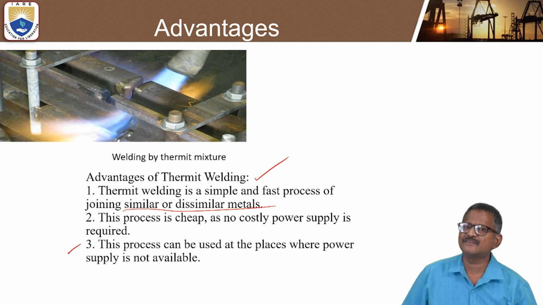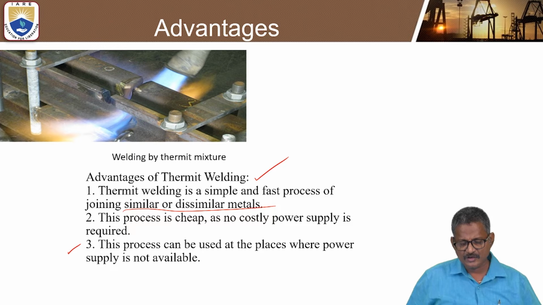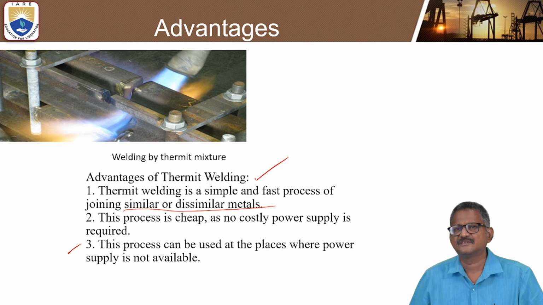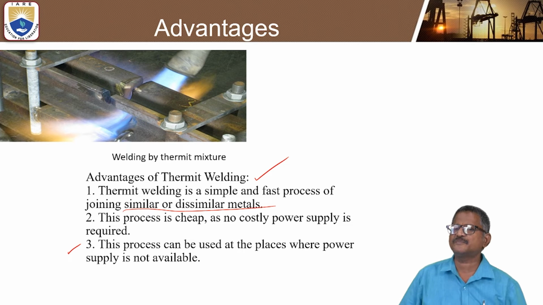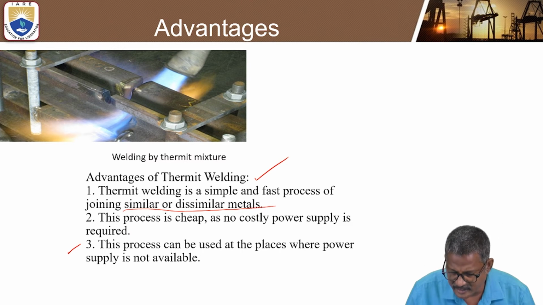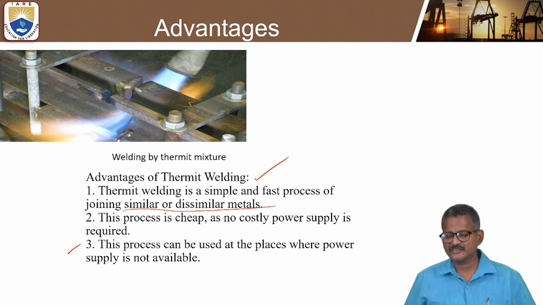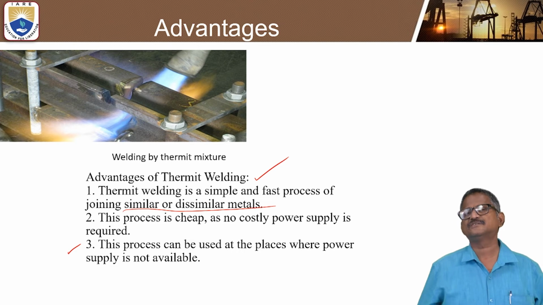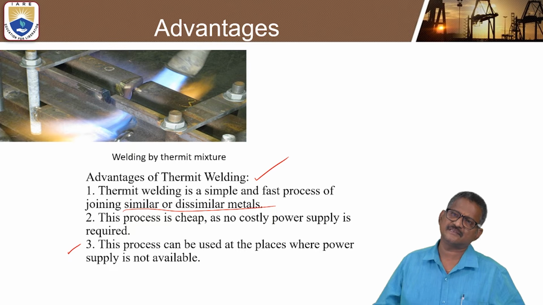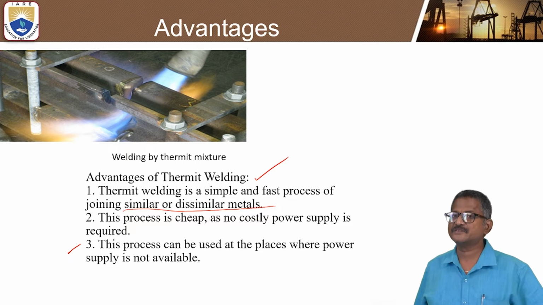The second is that it is cheap and no costly power supply is required. This process can be used at places where power supply is not available. You need to understand these advantages of the thermite welding process well.